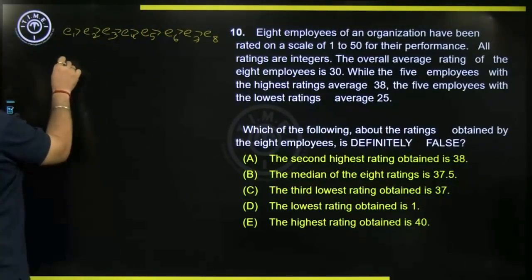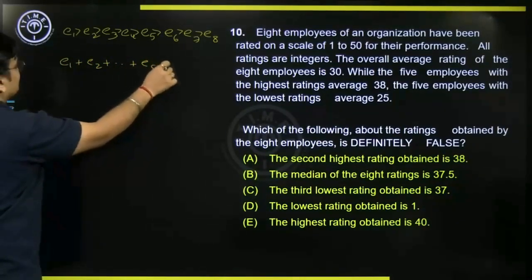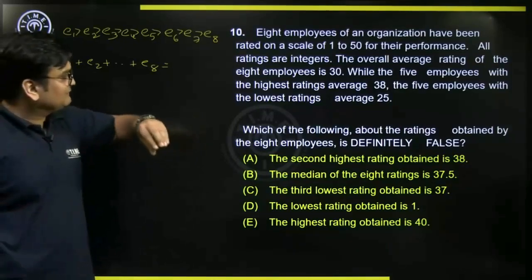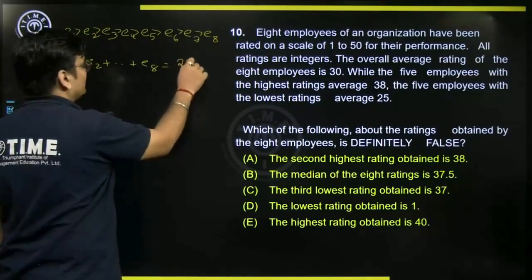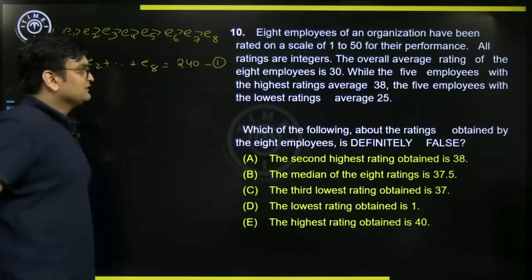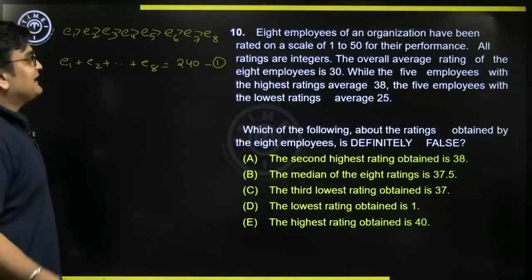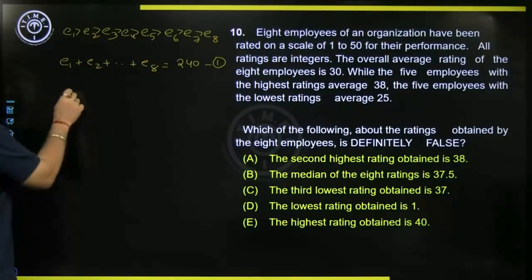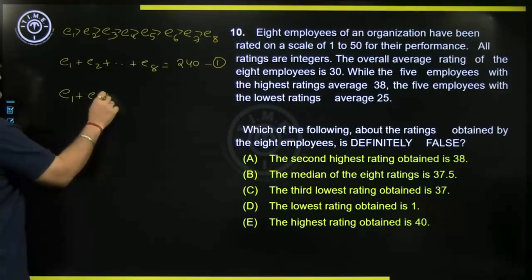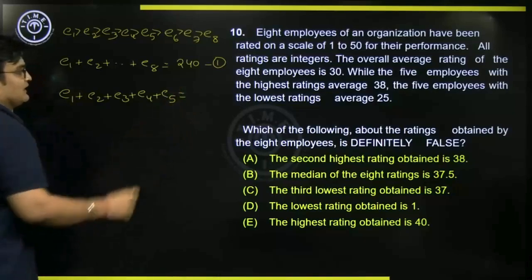So sum of all these values, E1 plus E2 through E8. We know the average of the 8 employees is 30. So sum is going to be 30 times 8, which is 240. The 5 employees with the highest ratings, E1 to E5, average 38.